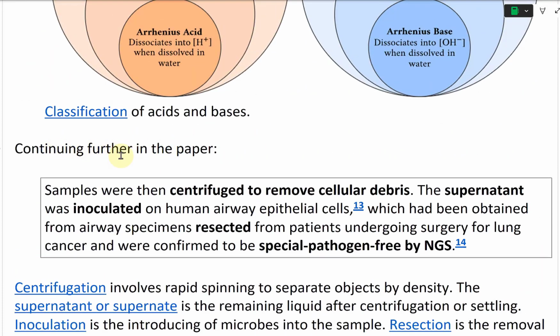Continuing further in the paper, samples were then centrifuged to remove cellular debris, and the supernatant was inoculated on human airway epithelial cells, which had been obtained from airway specimens resected from patients undergoing surgery for lung cancer, and were confirmed to be specific pathogen-free by NGS.